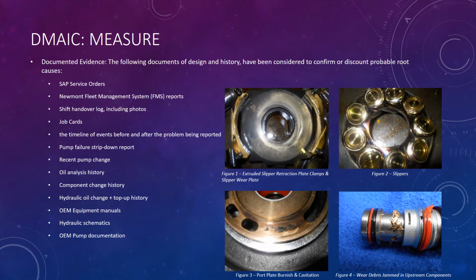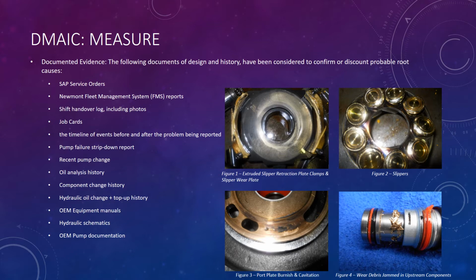So we're looking at different service orders, reports directly from the mine. We looked at the shift handover logs, basically when operators come in and leave. We looked at the job cards, the timeline of events before and after the reporting, and pump failure teardown reports, which you can see in these pictures.